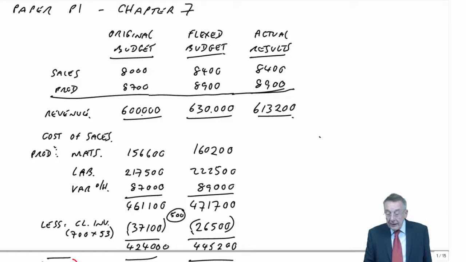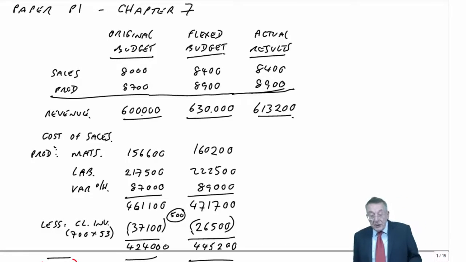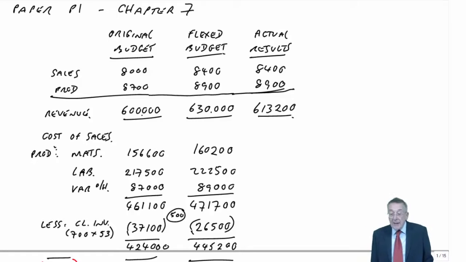We'll analyse what went wrong afterwards, but immediately we've got a problem there. We got more revenue than the original budget, but that's because we sold more. For the number we sold, though, if we'd sold at the right price, we should have got 630. We've only got 613. Pretty obviously, we've been selling at a low price.